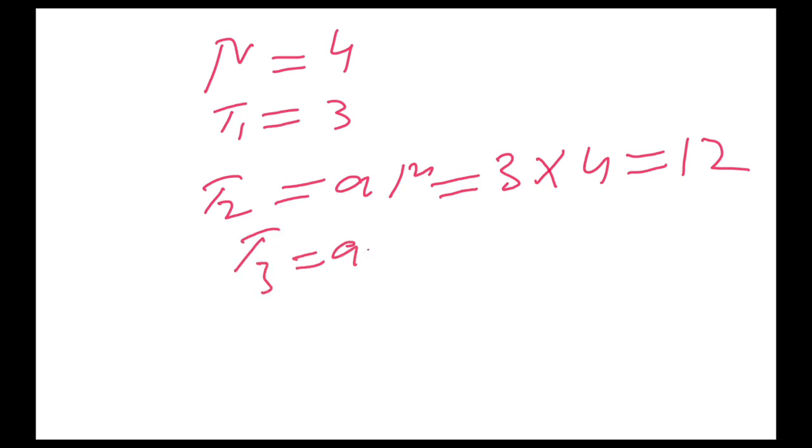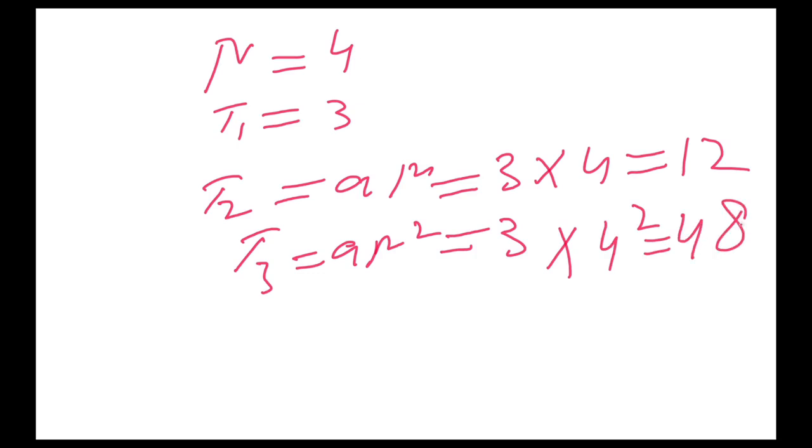T3 is going to be ar square, that's 3 multiplied by 4 square, the answer will be 48. So we've got first terms 3, 12 and 48, and so on. These are the first three terms.